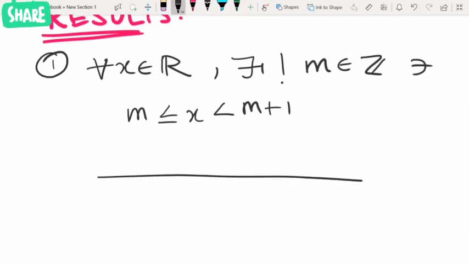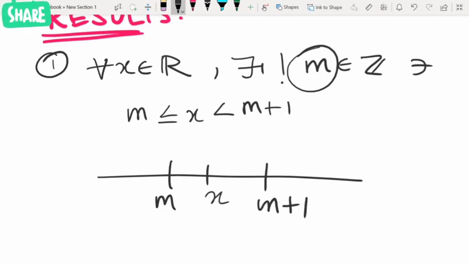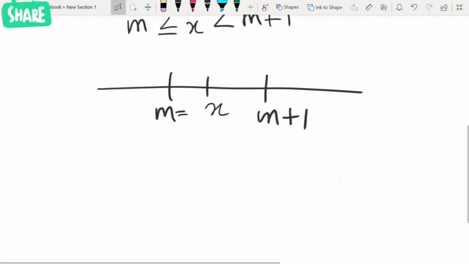Wherever x lies on the real line, we can find a unique m such that x lies between m and m plus 1. It can even be equal to m. It can be either this integer or this integer. So that gives us m.